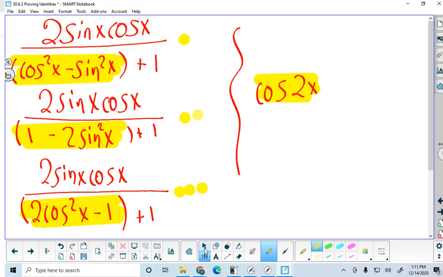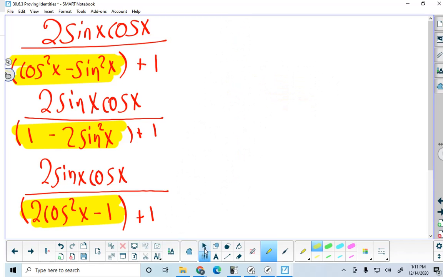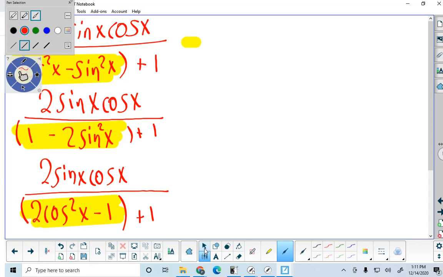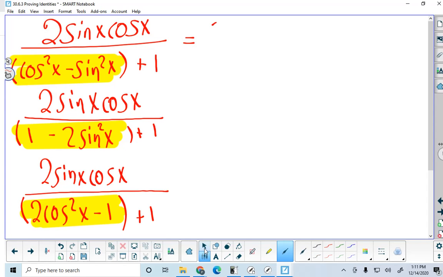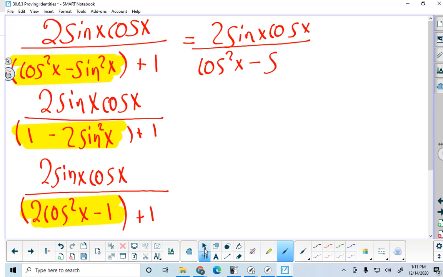It's number 3, because when you look at number 2, I'm going to rewrite these without the brackets. When you look at number 1, let's go with number 1, and you rewrite it without the brackets, you're going to have 2 sine x cos x, and then you have cos squared minus sine squared plus 1. And my question to you is, where would you go from there?